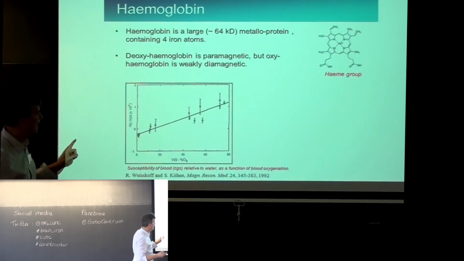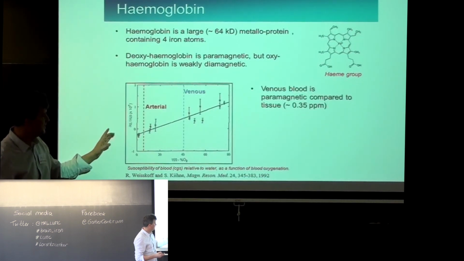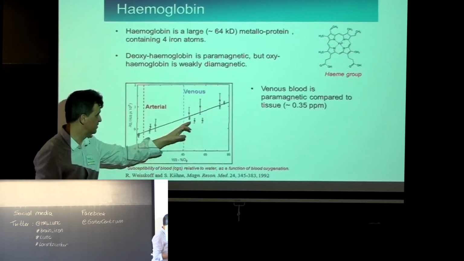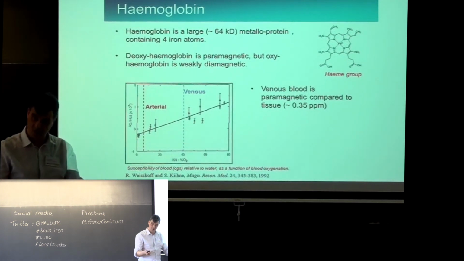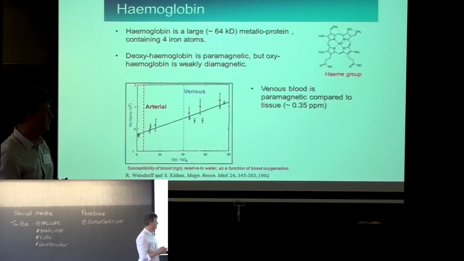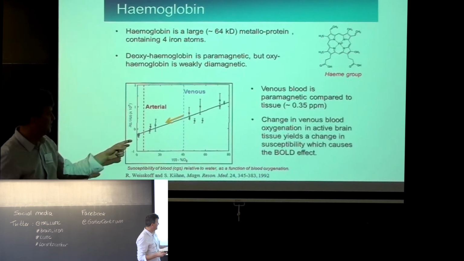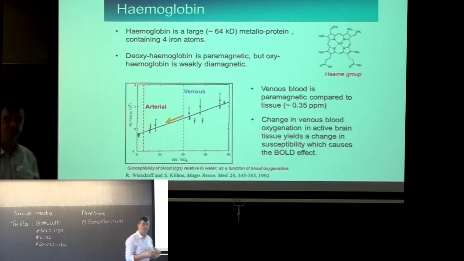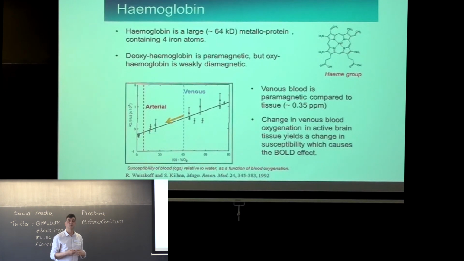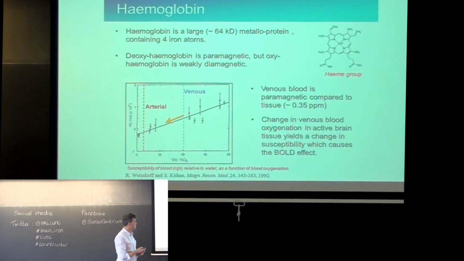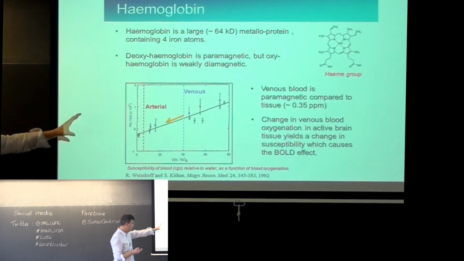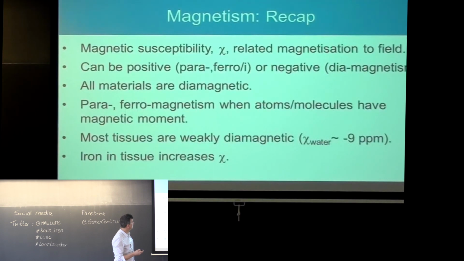And it's the change of the susceptibility between the venous side and the arterial side which gives rise to quite a lot of contrast in magnetic resonance images, and it's also that change of the blood susceptibility with changes in oxygenation which underlies the BOLD effect, the blood oxygenation level dependent signal effect, which is exploited in fMRI experiments. So hemoglobin, iron there is having a significant effect.